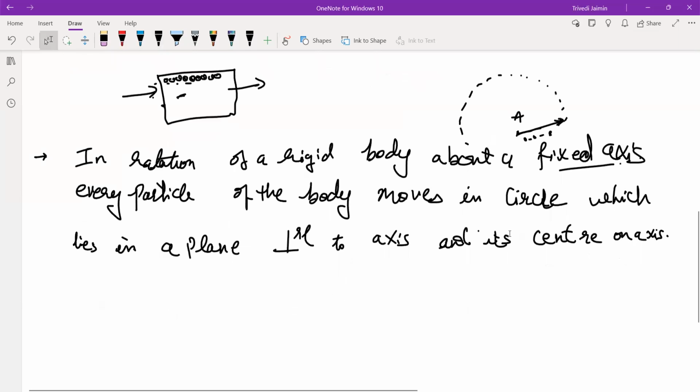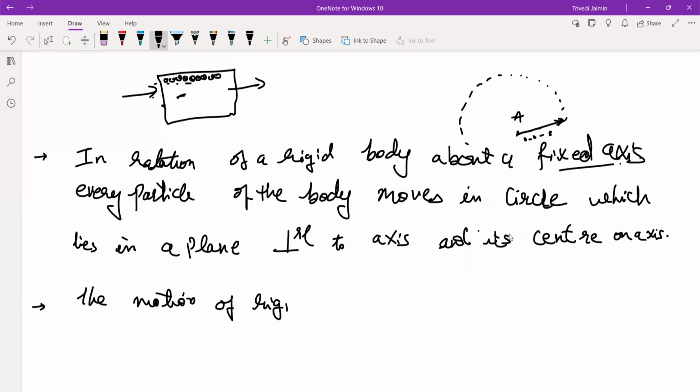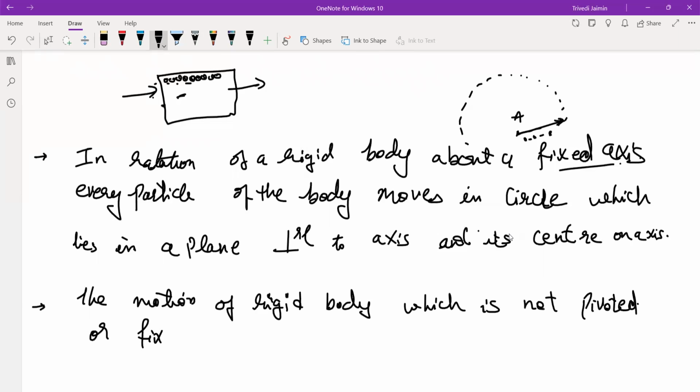So let's write a point about that also. The motion of a rigid body which is not hinged or pivoted or fixed in some way is either a pure translation.